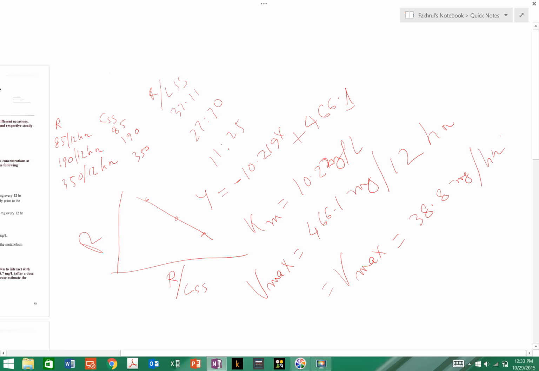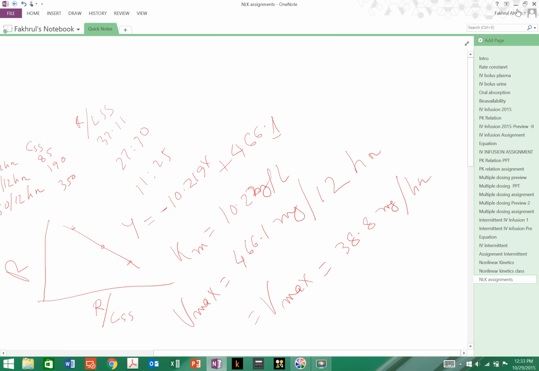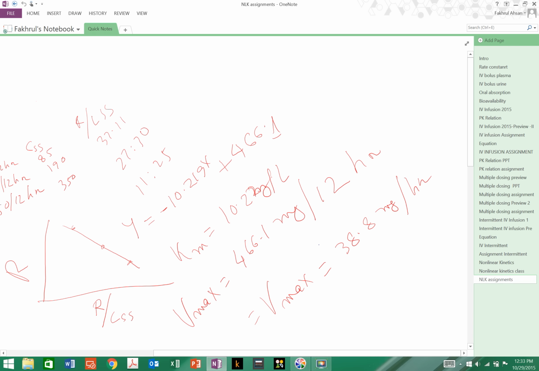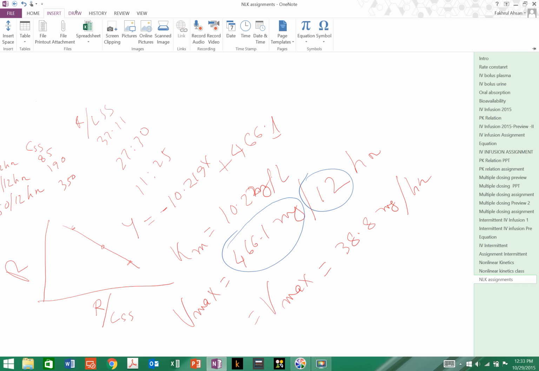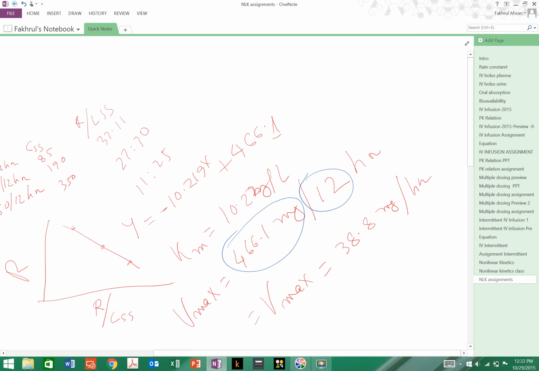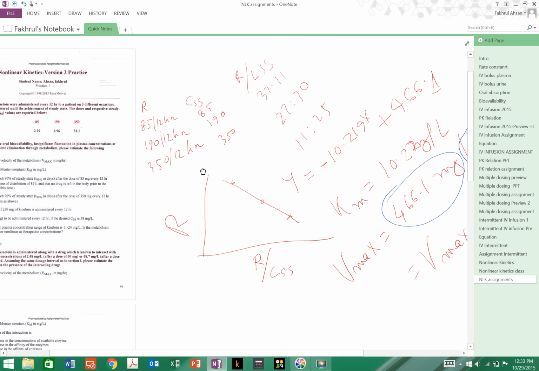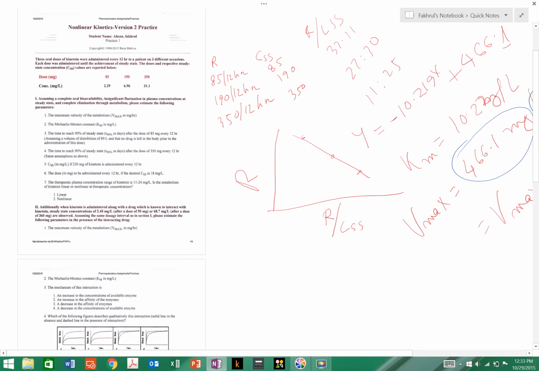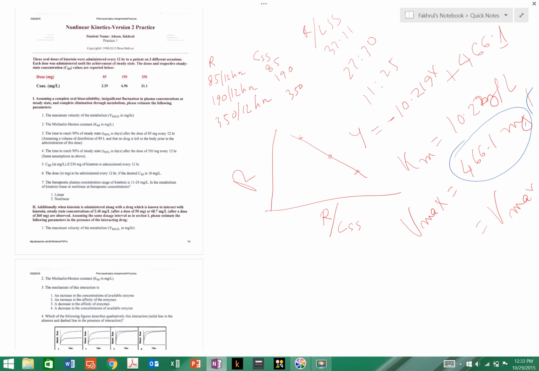We just divide this number by 12. So this is how you calculate your Vmax and Km. Once you know the Vmax and Km, we have to play with this value a little more.